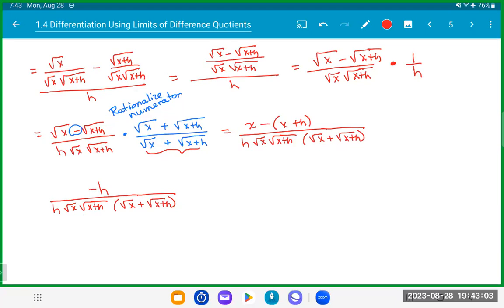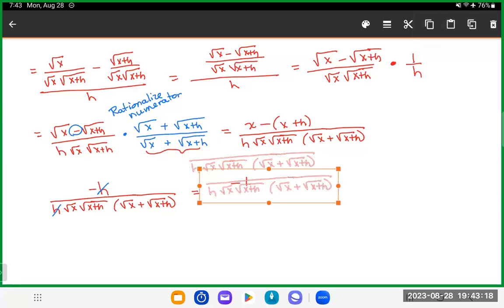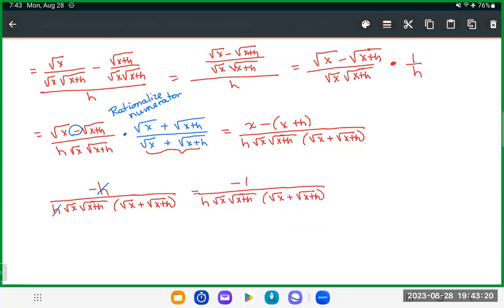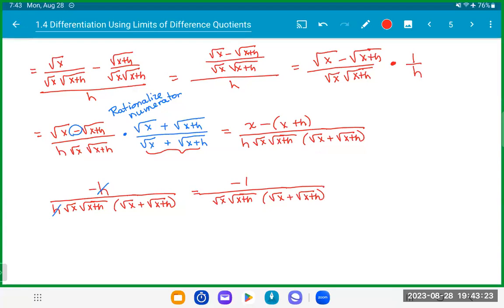But I have an h in both my numerator and my denominator, so that is going to give me negative 1 in my numerator, and we take the h away from the denominator here. Okay. So that right there is what my f of x plus h minus f of x, divided by h, is equal to.